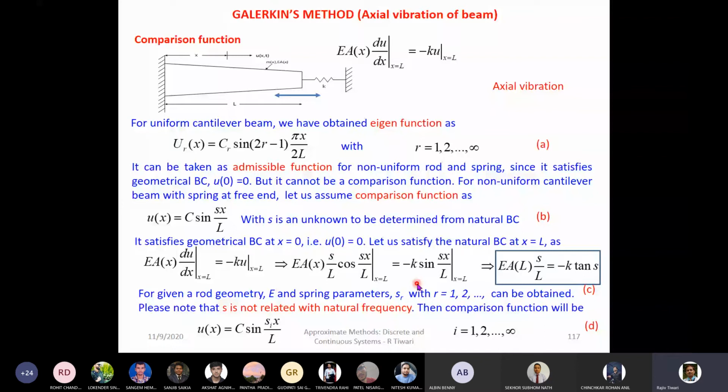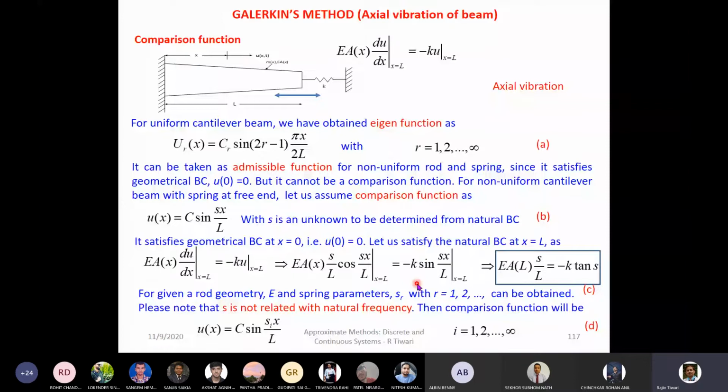Okay, so now, especially when we are talking about comparison functions, in the previous example I took up the simply supported beam. The geometry was complex. The elastic property of the previous problem was complex, but the boundary conditions were simple.